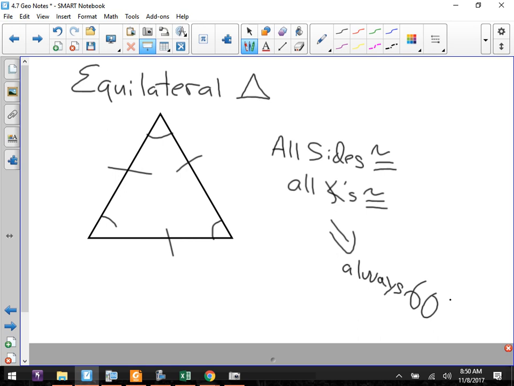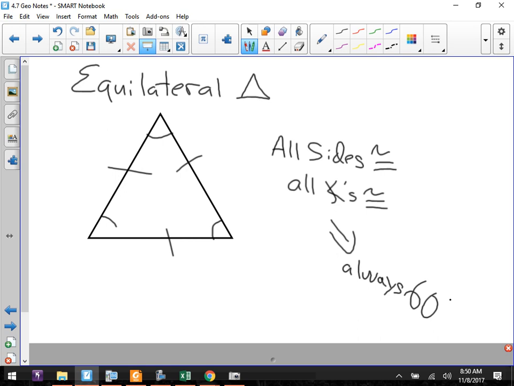Because if you start thinking about it, isn't an equilateral triangle a fancier version of an isosceles triangle? So if these two sides are the same, these two angles would have to be the same. Then, by the way, this side's the same too, so since these two sides are the same, these two base angles have to be the same.